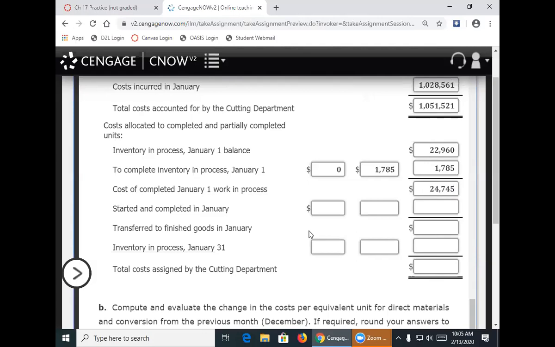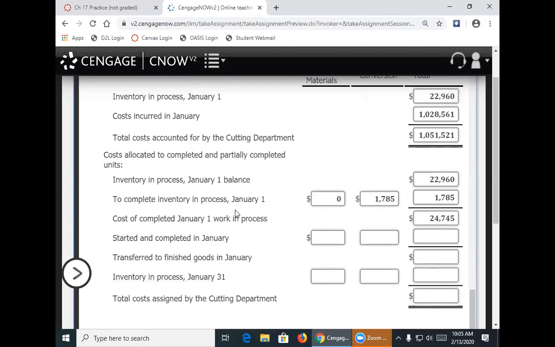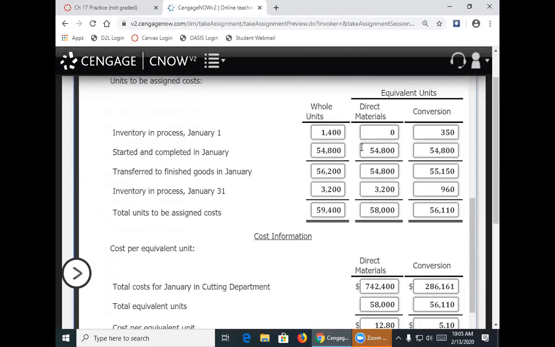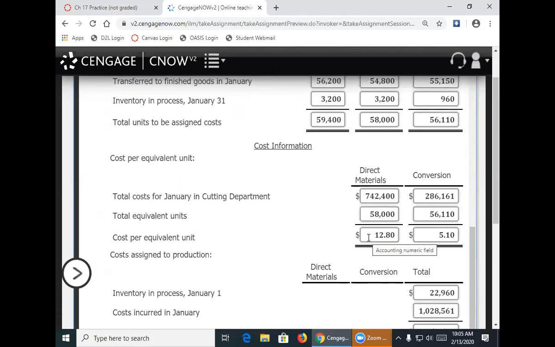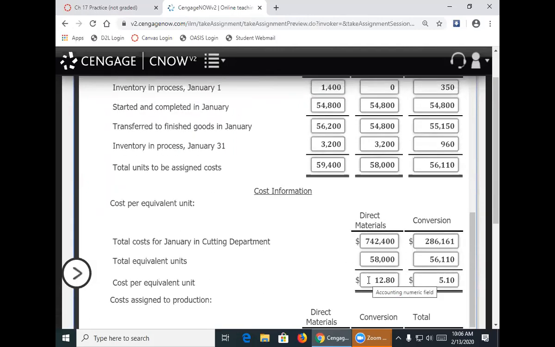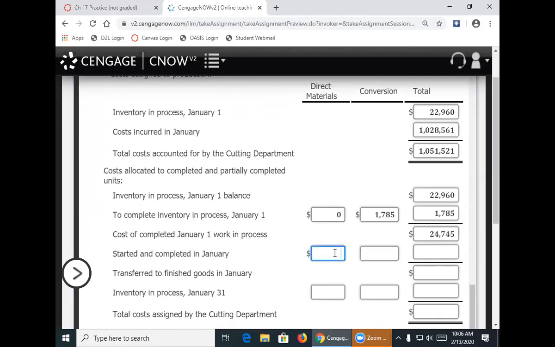Then I need to add in started and completed in January. Again, the equivalent units for both of those was the full amount, 100%. So the 54,800. For materials, I take 54,800 times my cost per equivalent unit of $12.80. Started and completed, so that is $701,440.